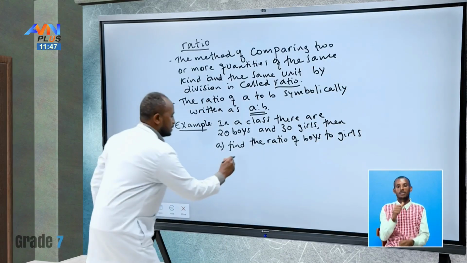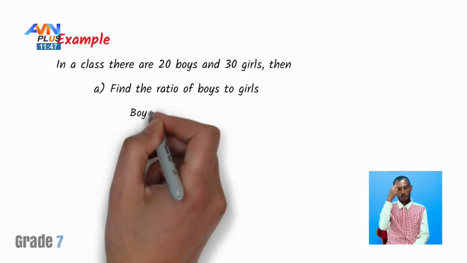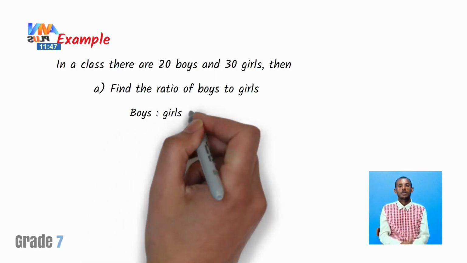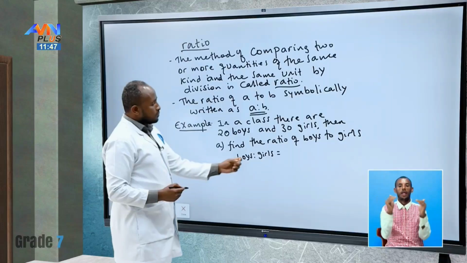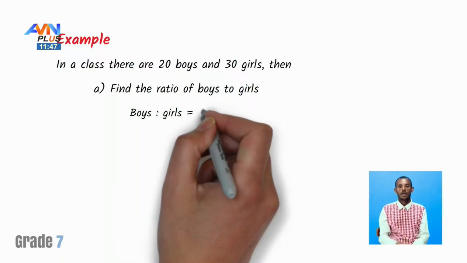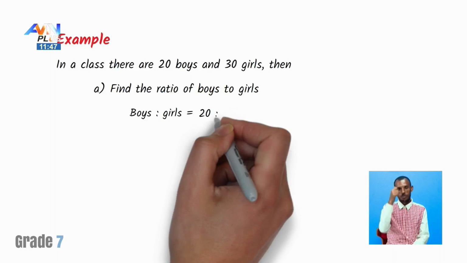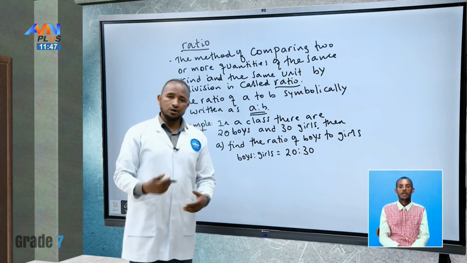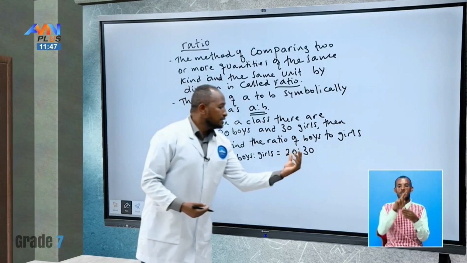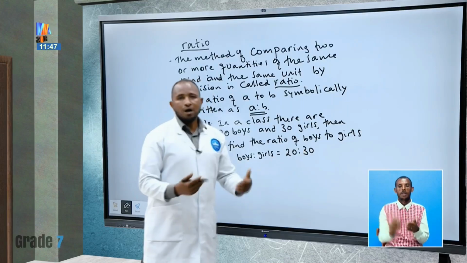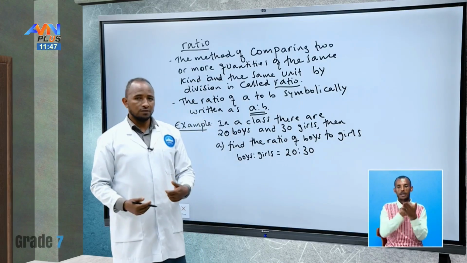So here, the number of boys is given to be 20, so it is 20 ratio, the number of girls is 30. But when we write ratio, we have to write this in lowest term. And the ratio can also be written in fraction form.